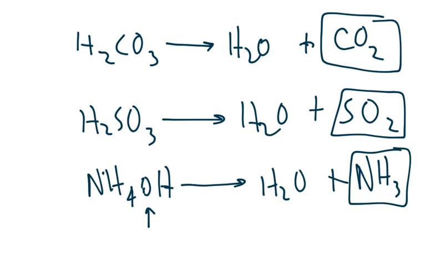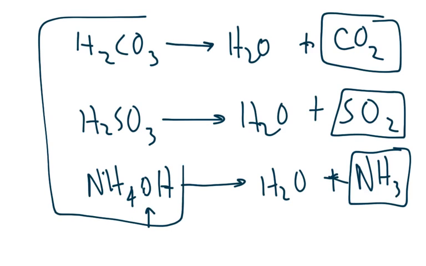And this is ammonia gas, which is very popular, a very strong smelling gas. So these 3 gases are made as a result of these intermediates. These guys are unstable. As soon as they are made, they break apart, and you see the gases that are eventually made, which will produce bubbles or fizzing, and you have carbon dioxide, sulfur dioxide, and ammonia gas.